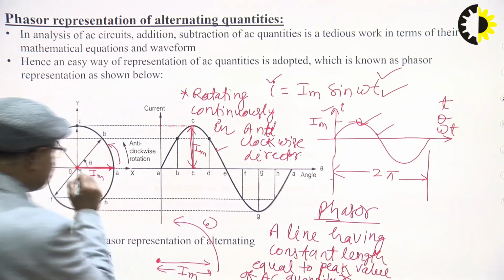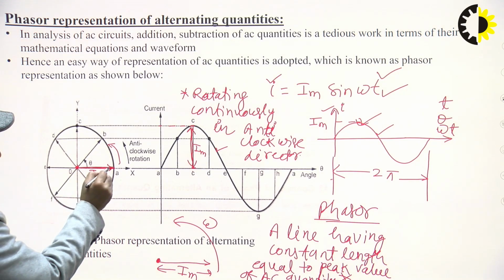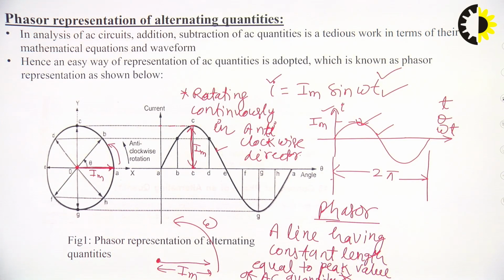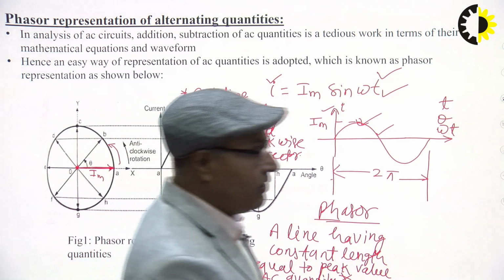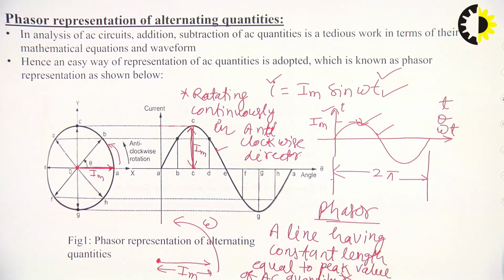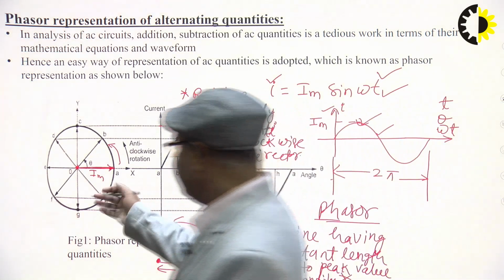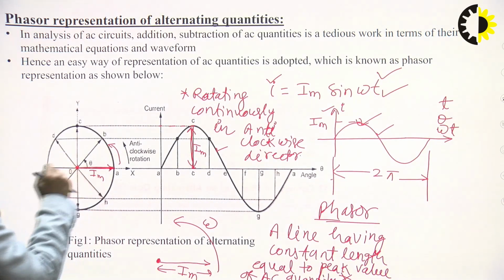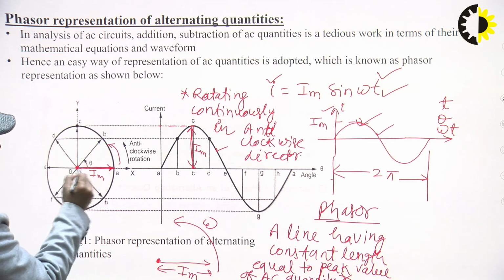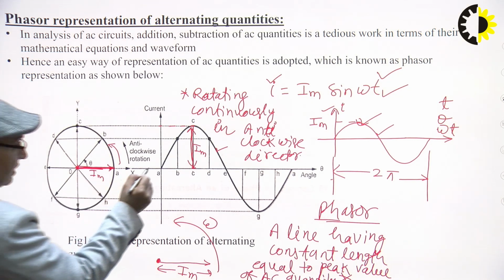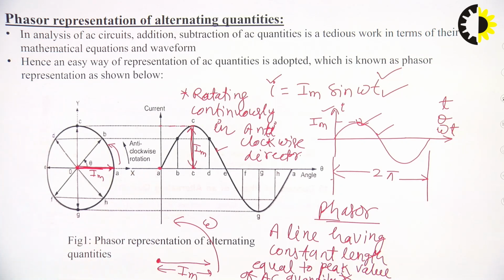How is it? Suppose the quantity is in position OA. What is the projection of OA on the y-axis? From this diagram, the projection on the y-axis is 0. So at this point we get A.